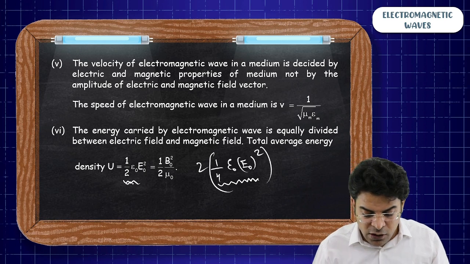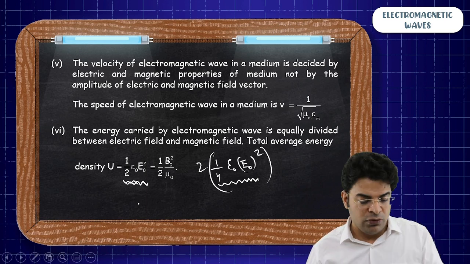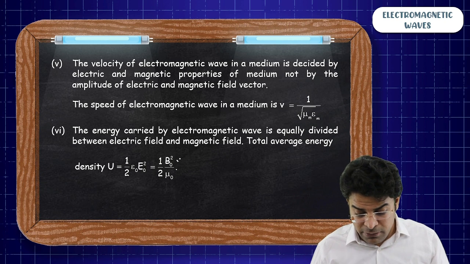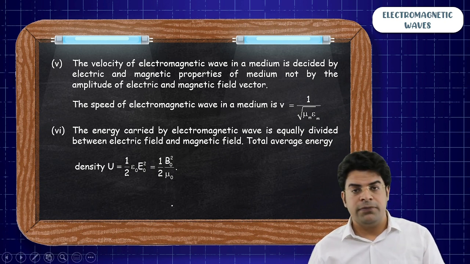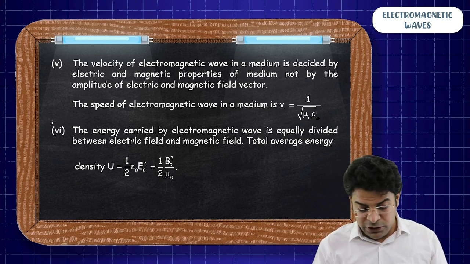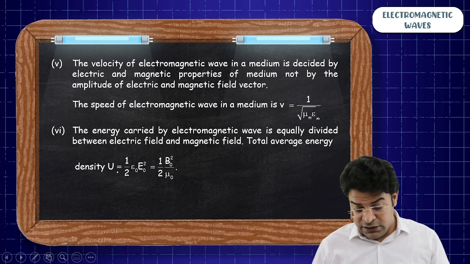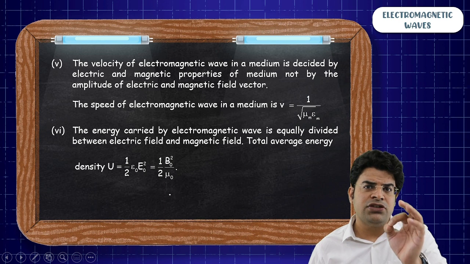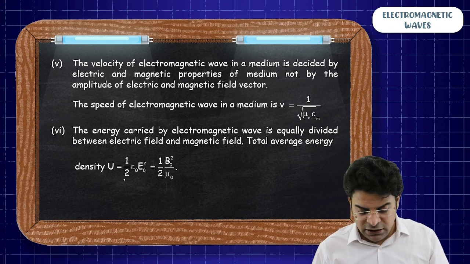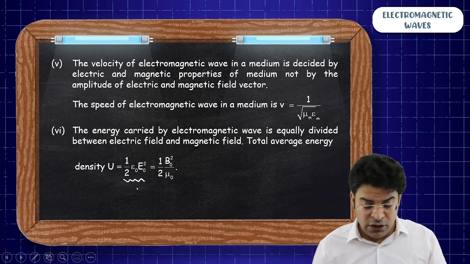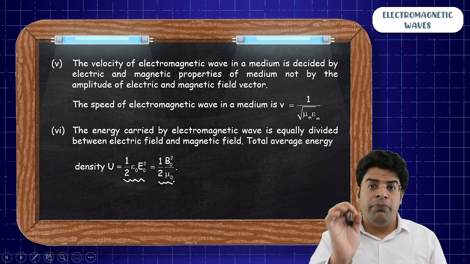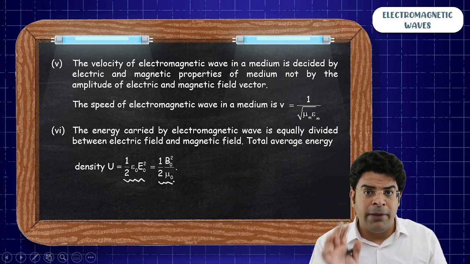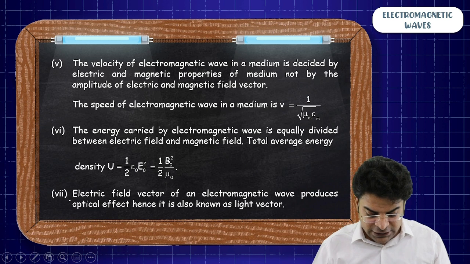That's why you get 1 by 2 epsilon naught E peak square, which is same as B naught square by 2 mu naught. Remember this point. This is an important point. This is the expression for total energy. If they ask you what is the energy associated only with electric field, that is 1 by 4 epsilon naught E peak square, or 1 by 4 B naught square by mu naught. So let's move on to the next point.